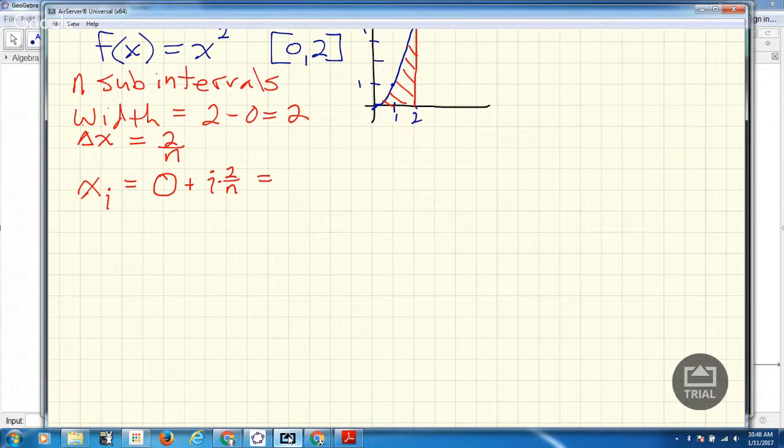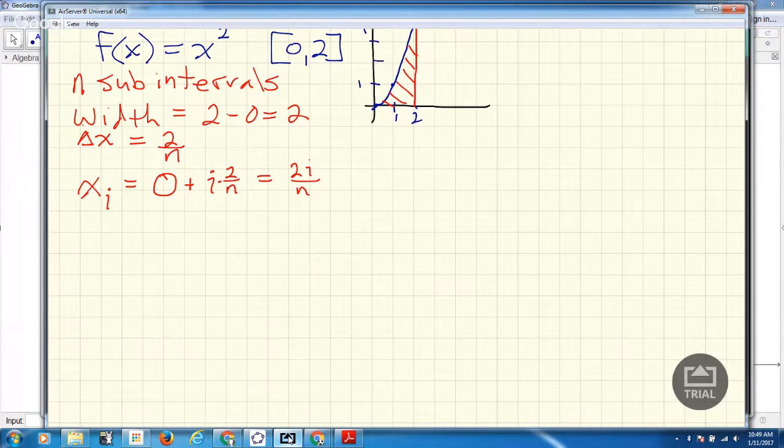Cleaning that up, each x value for the right-hand endpoint, again, emphasize right-hand endpoint, is going to be 2i over n. So i is my counter. Okay? And i is going to go from 1 to n.